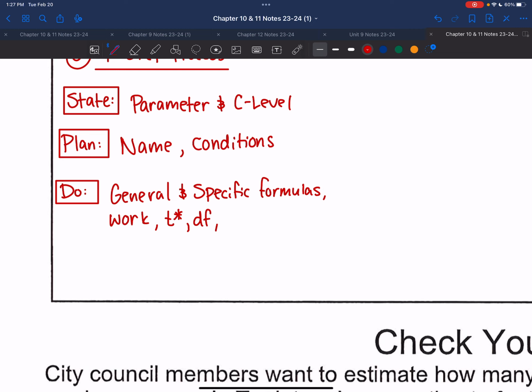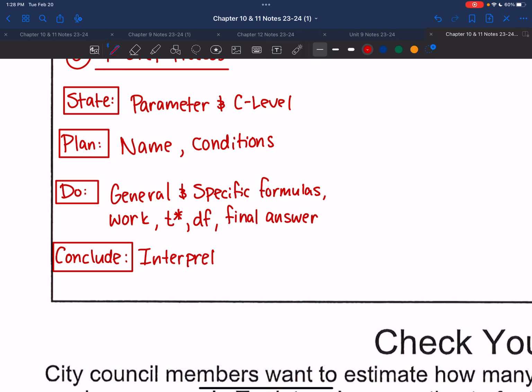And you need to show me your final answer. And then in the conclude, you just need to interpret in context. And so that's where you say we are 95% confident, blah, blah, blah.